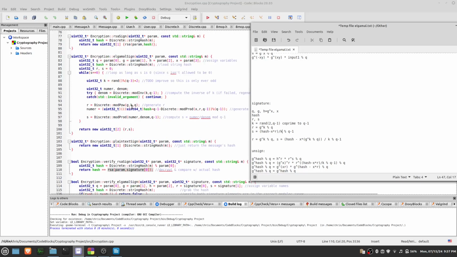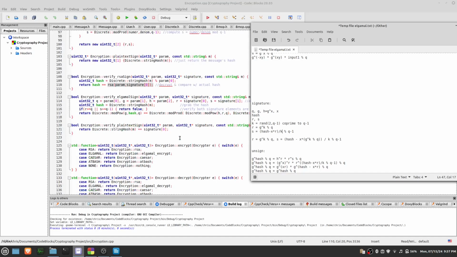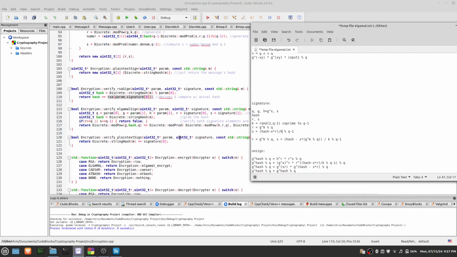But anyways, so s is equal to that, and the signature is just r and s. And then when we verify the signature, what is it? Verify ElGamal sign. We take the string hash, and first of all, make sure that they're within range, because otherwise this doesn't work.